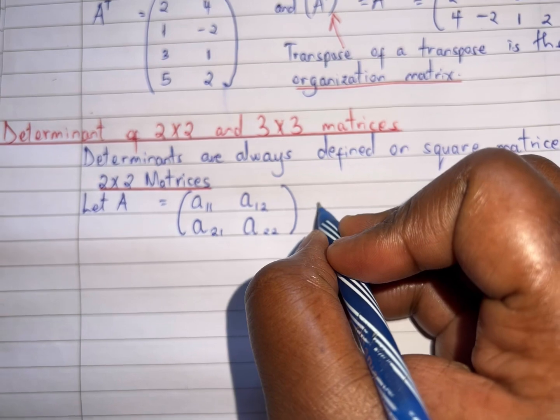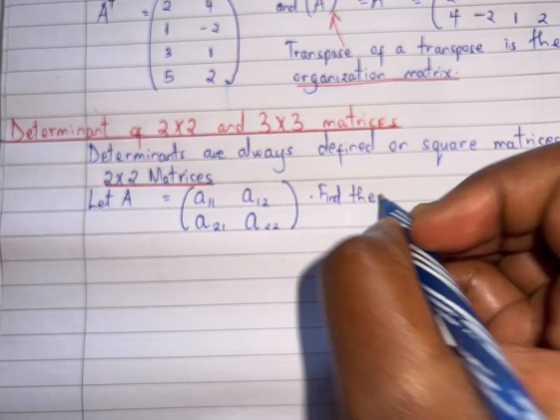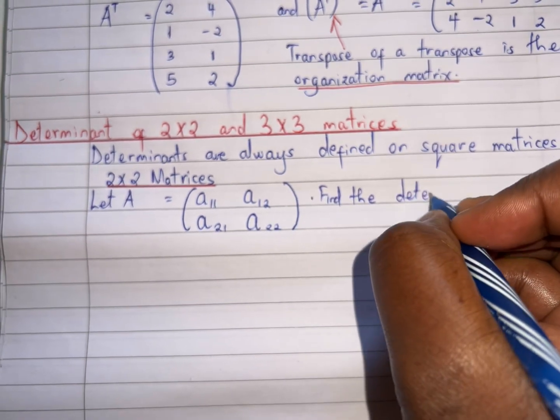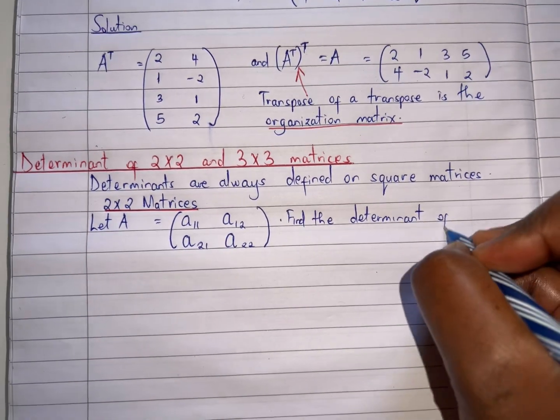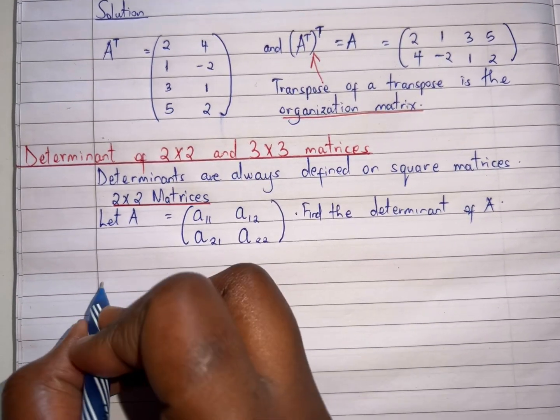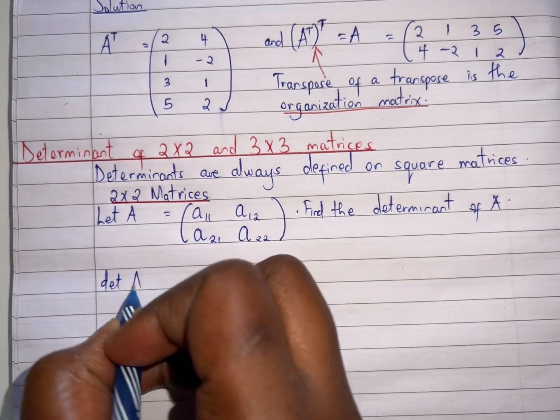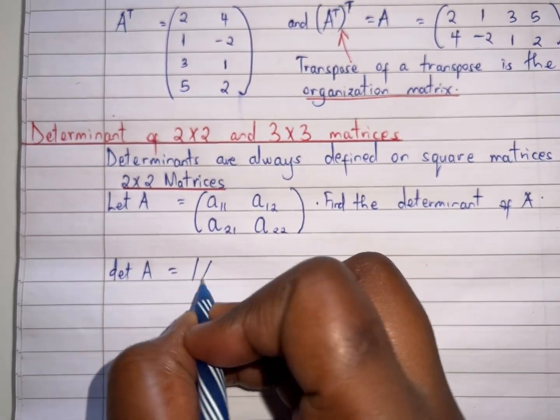Our question will be: find the determinant of A. The symbol for the determinant of A will be as follows.